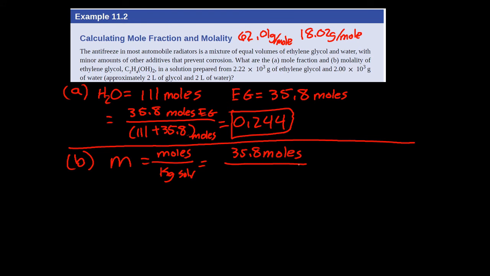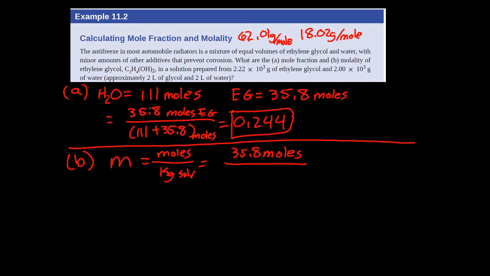The kilograms of solvent, technically we don't know, but it's a very easy calculation because we're given the number of grams of solvent. Now, in this case, since they both have equal volumes here, it's one of those situations where they're really kind of both the solvent, because technically we have equal amounts of both.